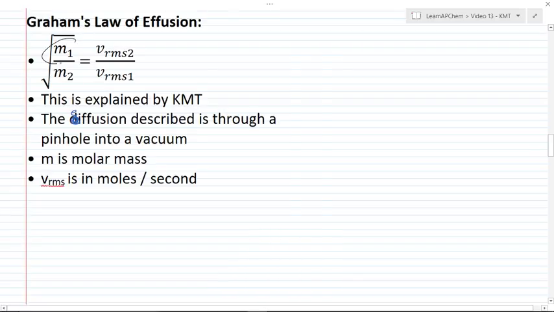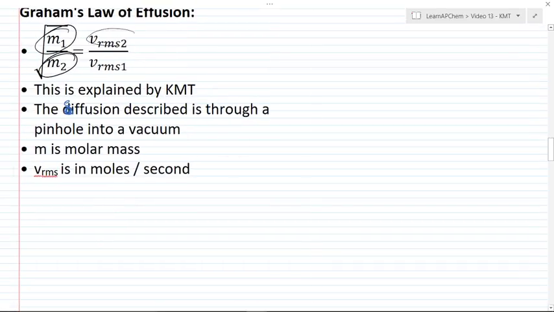If we look at M1 and M2, that should give us an idea of the proportion of VRMS to one another, and we can justify it based on that.